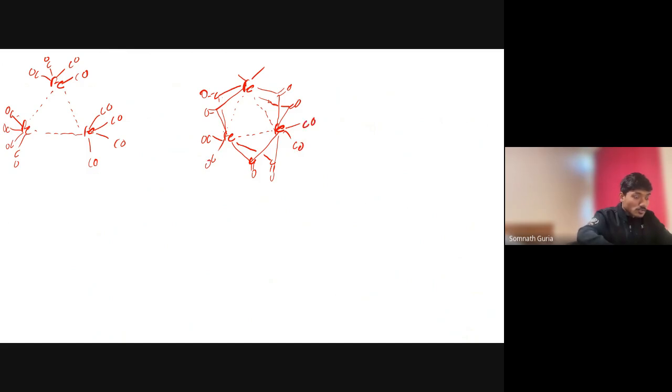Okay, so this structure is also possible. This is the terminal CO, all terminals. So in Mossbauer spectra, all iron looks similar.